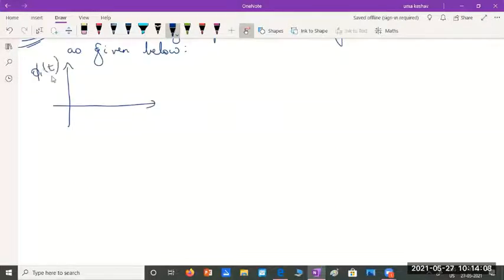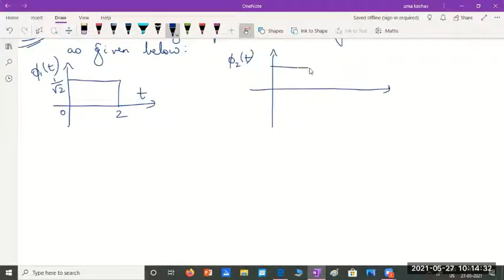Let me say phi1 is represented like this: its value is 1 by root 2 in the interval 0 to 2, and phi2 is represented as 1 by root 2 in the interval 0 to 1 and minus 1 by root 2 in the interval 1 to 2. Okay.